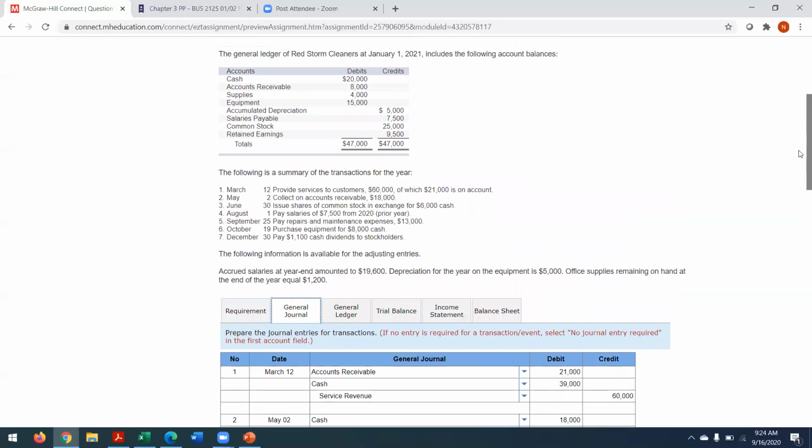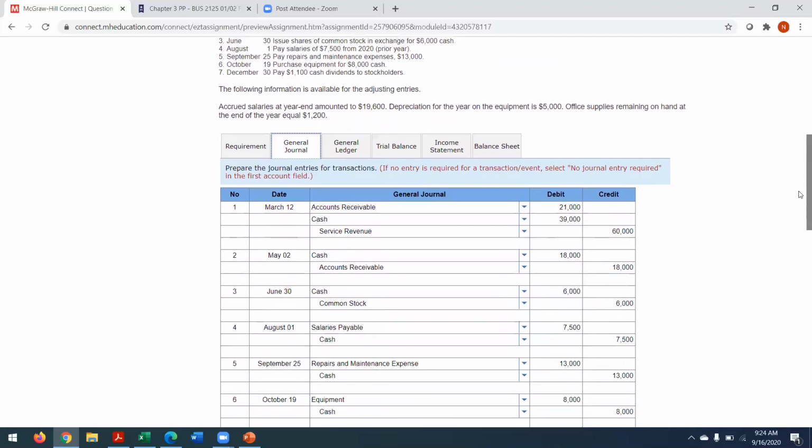Next, we collect on accounts receivable 18,000 from our March 1st transaction. So in that case, we debit our cash for 18,000 and we credit our accounts receivable for 18,000. We're not going to receive that anymore.